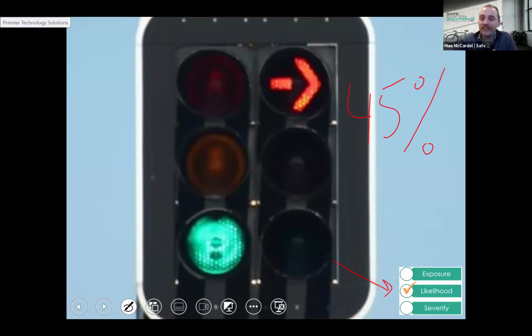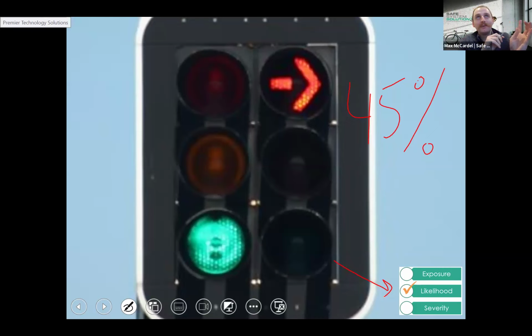It affects the likelihood. So it's done nothing to the traffic volumes, so the exposure remains the same. It does nothing for the severity because the speeds and the impact angles are the same. Traffic signals do not slow down traffic, obviously only when there's the red phase, but there's still that potential of red light running, therefore the potential for those high speed 90-degree angle crash types.